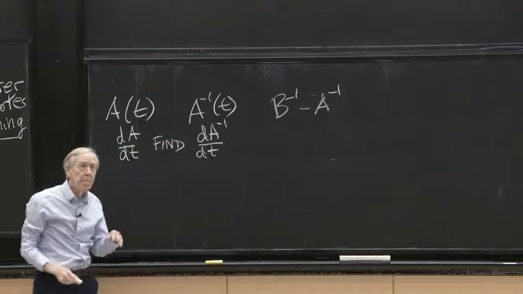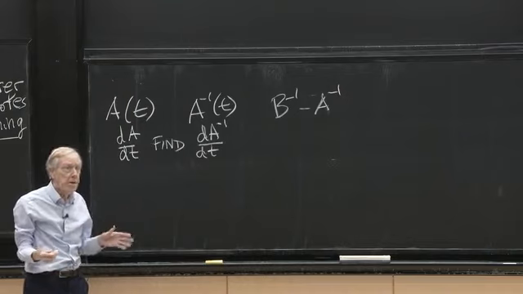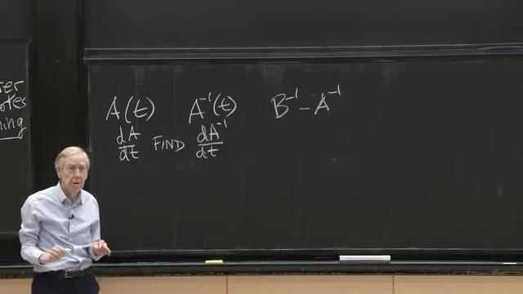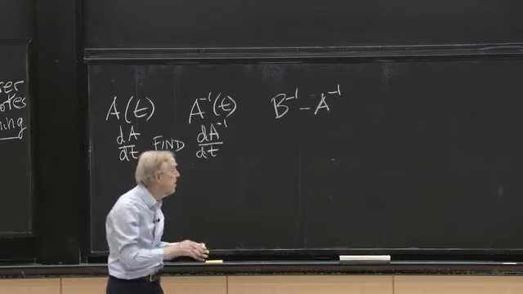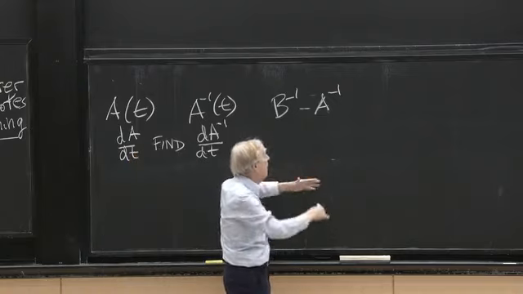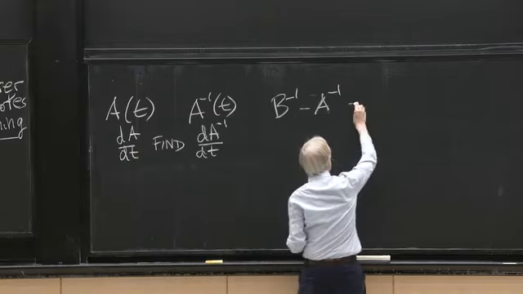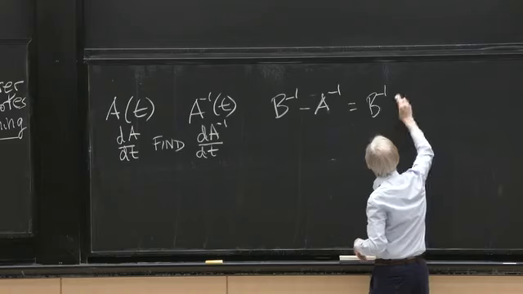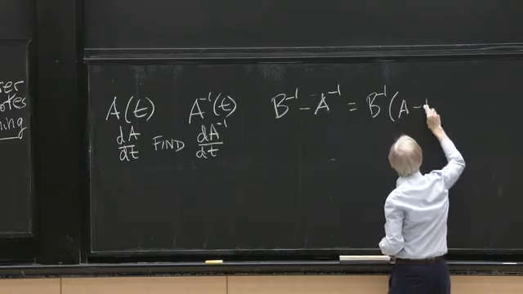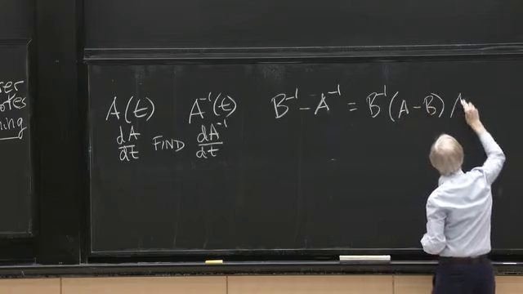As last time, I start with a finite change, because calculus always does that, right? It starts with a delta t, and then it goes to 0. So here I'm up at the full-size change. So I think that this is equal to B inverse A minus B A inverse.